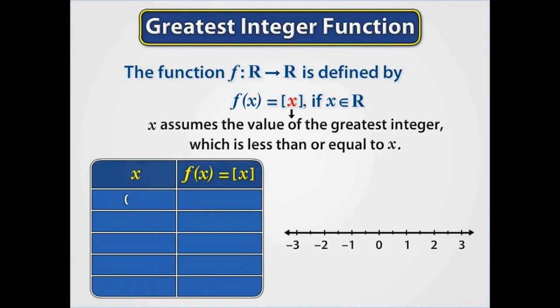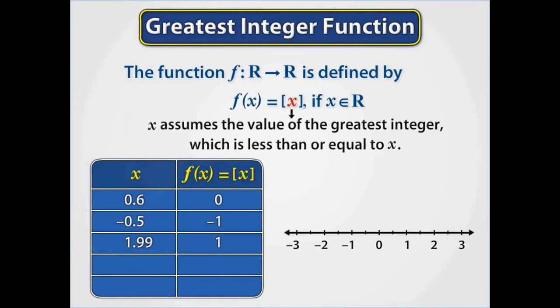If x is 0.6, then the greatest integer which is less than or equal to 0.6 is 0. If x is -0.5, then the greatest integer which is less than or equal to -0.5 is -1. Similarly, for x equal to 1.99, the greatest integer which is less than or equal to 1.99 is 1.